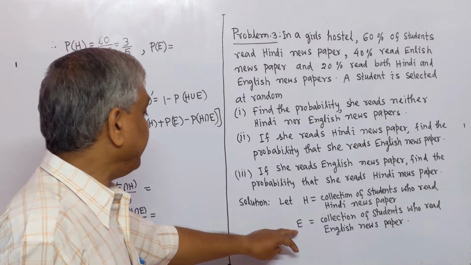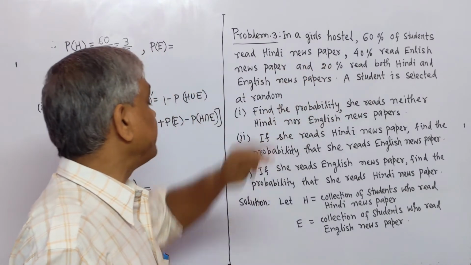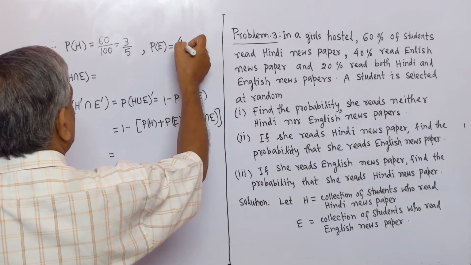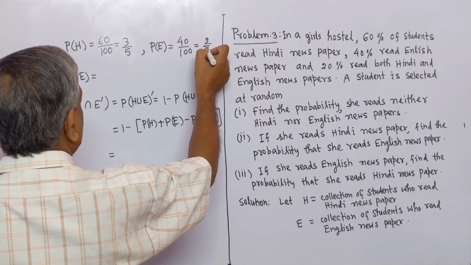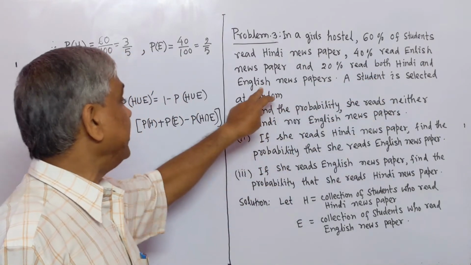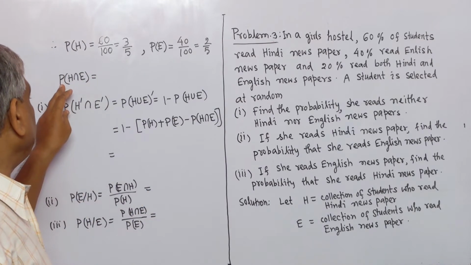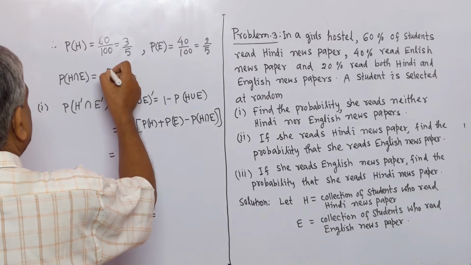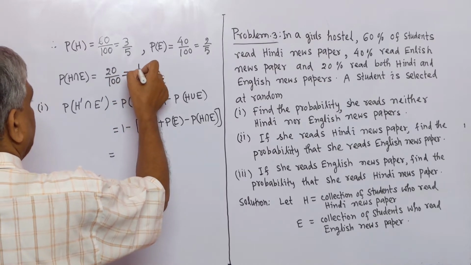Probability of event E. Here 40% read English newspaper. So probability of E is 40%, means 40 by 100, and this is equal to 2 by 5. Here 20% read both Hindi and English, means probability of Hindi and English, that is probability of H intersect E, is 20%, means 20 by 100. And this is 1 by 5.